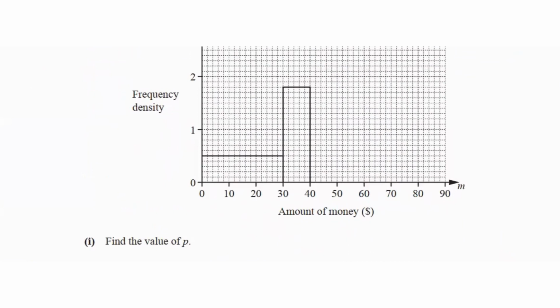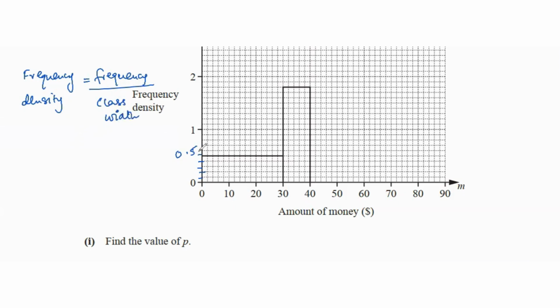So if you look at the frequency density for 0 to 30, that is 1, 2, 3, 4, 5. That's 0.5. So frequency density has the formula of frequency over class width.